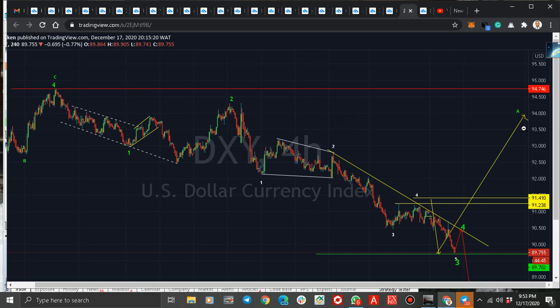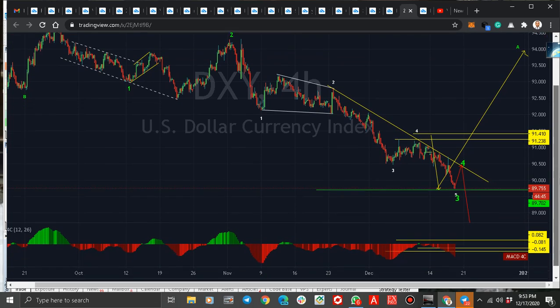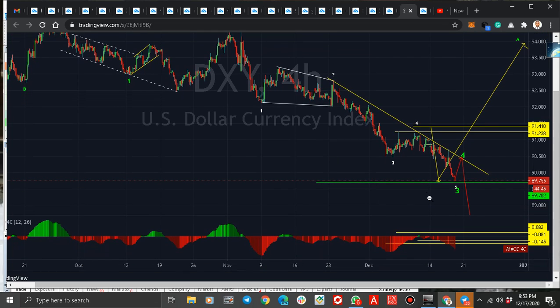On the 4 hours, there is no difference. We might have a retest of this very trend line before we keep going down, unless we see a sharp break of this trend line. The fifth wave might have terminated here, but I expect a down move.